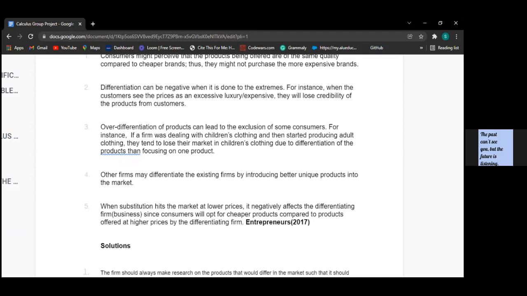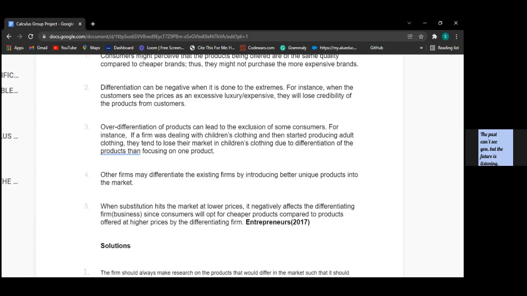For example, a producer may be selling child clothes at a particular time, then later bring adult clothes. So consumers tend to get confused, and they end up going to another place.